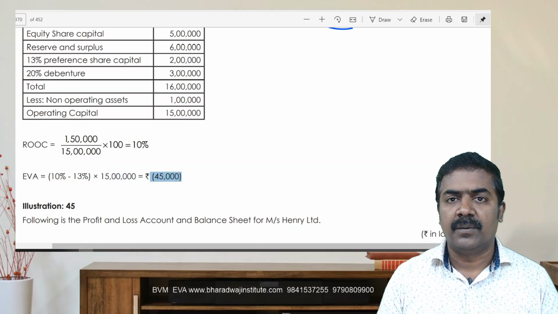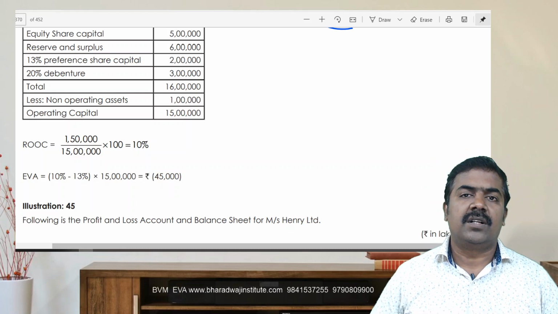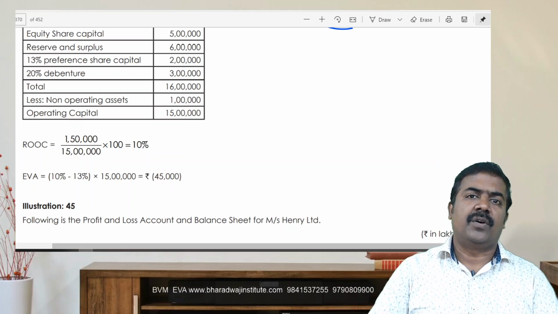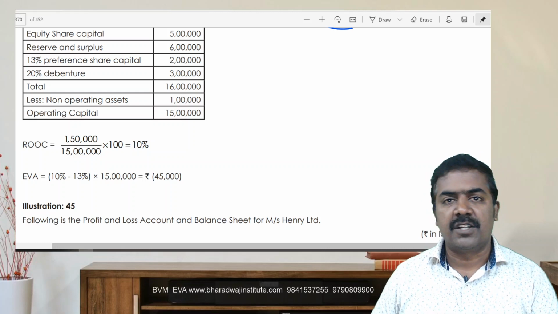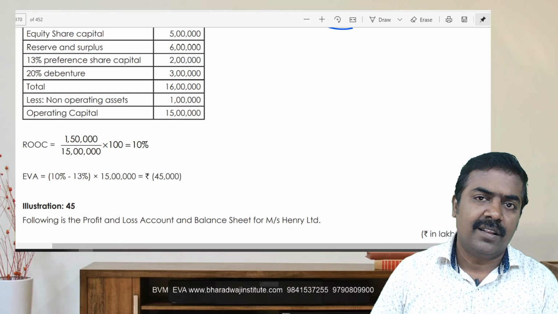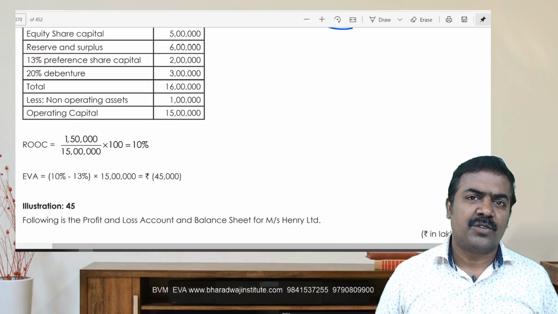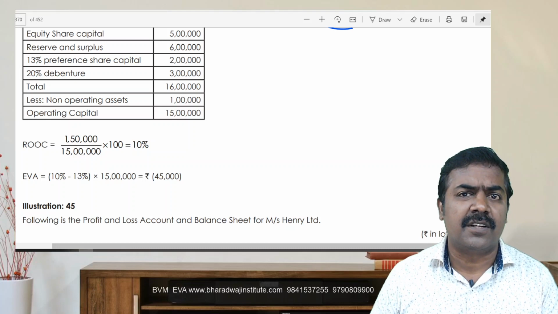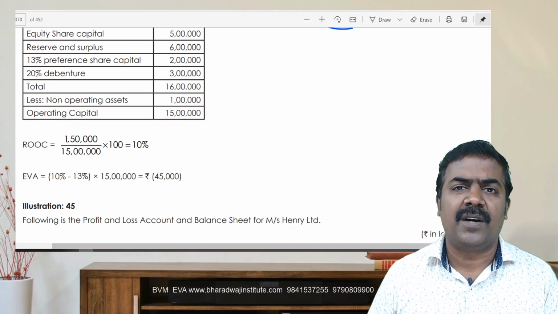The EVA is negative, which means the company is not able to earn adequate return for the funds employed, because the expectation of the funds provided is 13%. The company makes only 10%, but their expectation is 13%. Obviously, you will have a negative value.